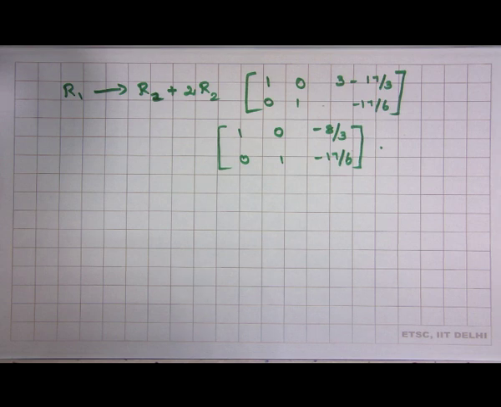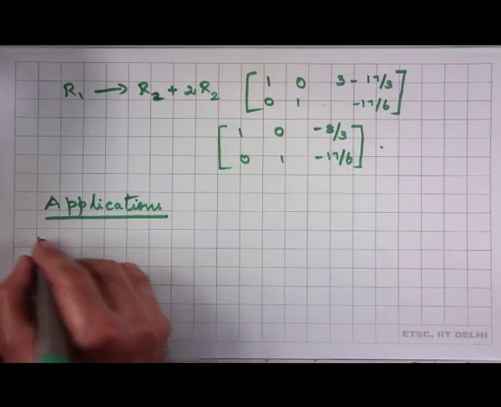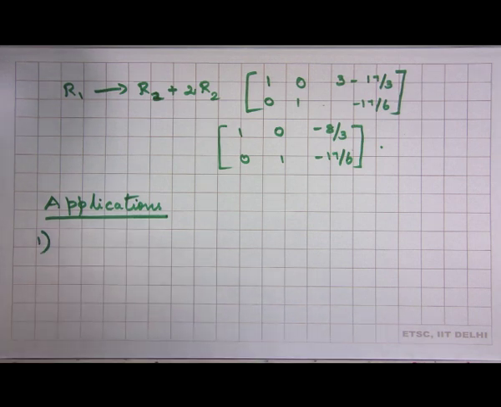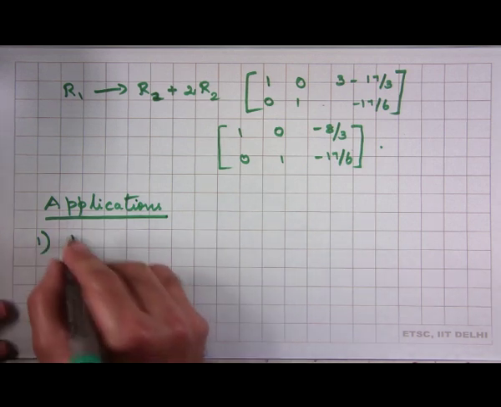Fine. Having said how to compute the row reduced echelon matrix, let us look at some of its applications. The first application is in finding what is known as the rank of a matrix.